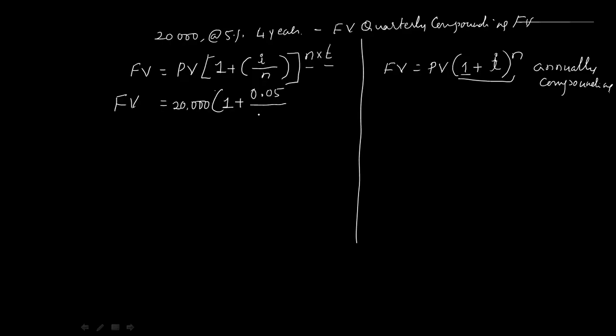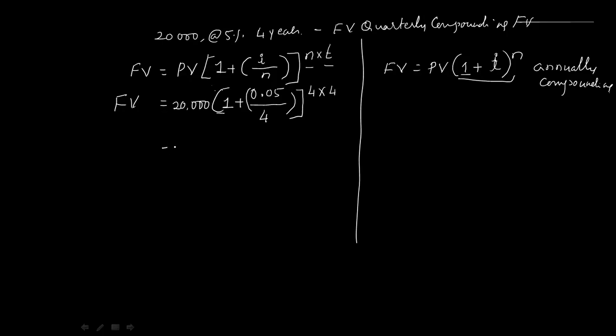How many times in a year are we going to divide it? 4 times, 4 quarters are there. So 4 times, complete the bracket. Here the small bracket, and this side is the larger big bracket. Then n is the number of times of compounding into the number of years, 4 years.